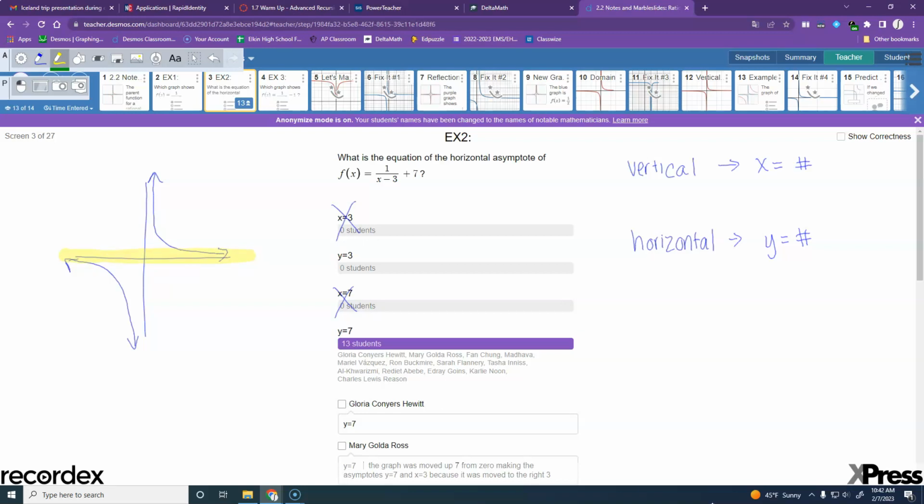What's the only way we can move that? We can only move it by moving it up or down. So, this has been moved up 7. It takes that line that was y equals 0 and moves it up 7. So, that will be our answer for this one.